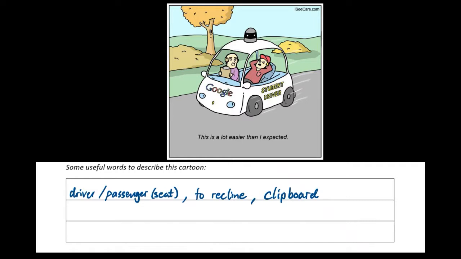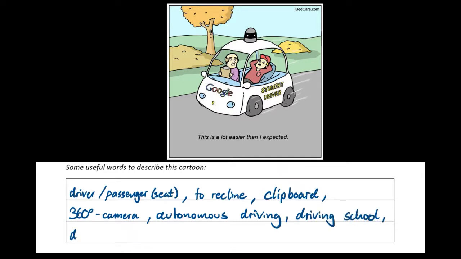A clipboard is something that holds a sheet of paper and then you can write on it. A 360-degree camera is used on autonomous cars like this one. Autonomous driving is what is happening here, so a car drives automatically. Then we have the term driving school and driving instructor.